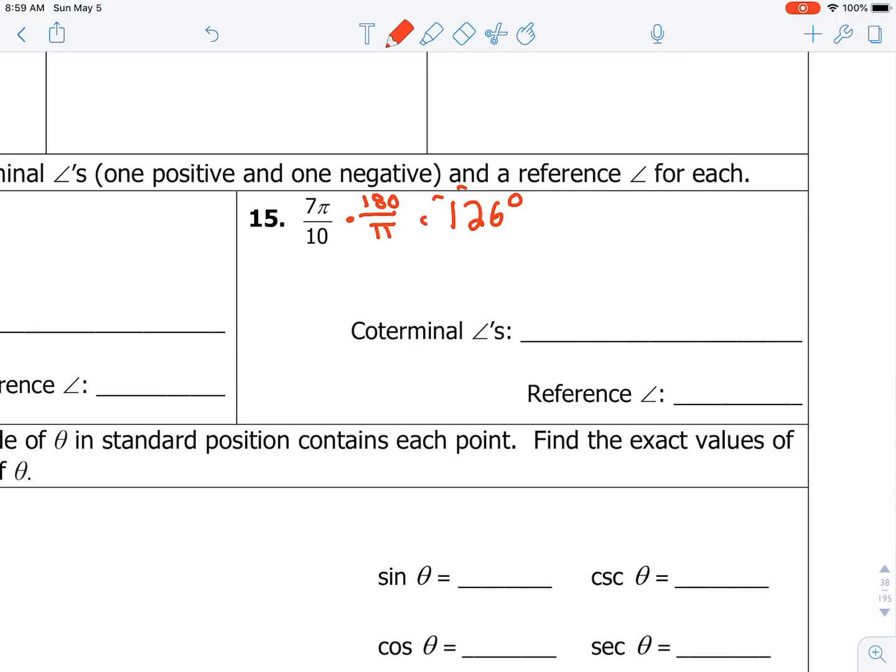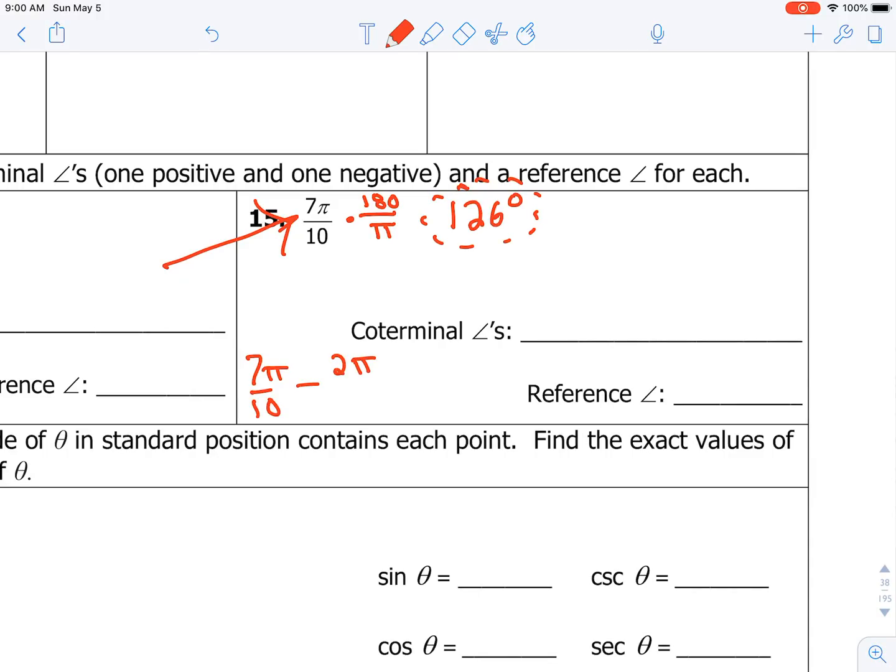So now that this angle makes more sense, or maybe some of you guys can already picture it, and you know that adding and subtracting 360 from this one is going to give you a positive and a negative, then you have to write your answer in radians. So all you have to do for that is go 7 pi over 10 minus 360, which is 2 pi.